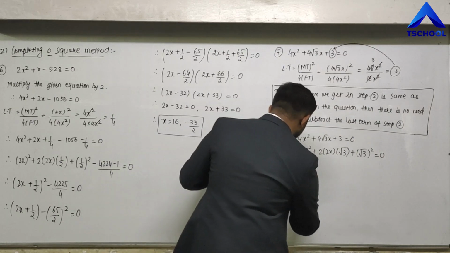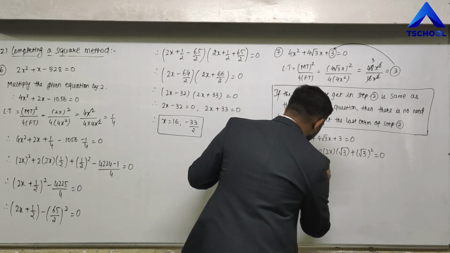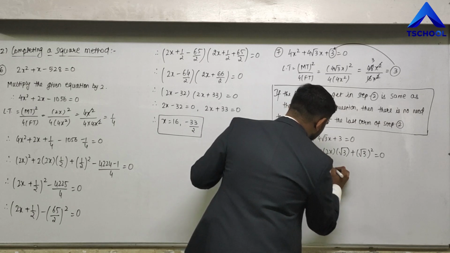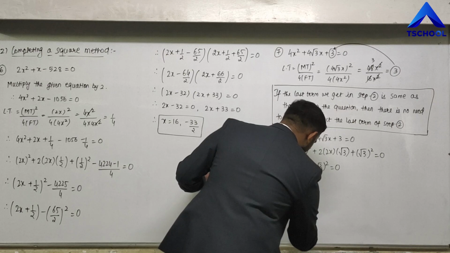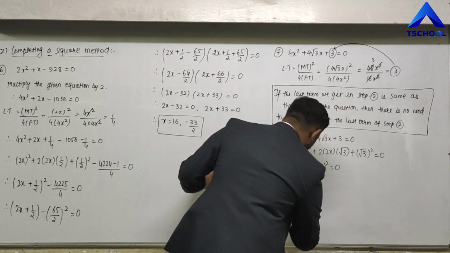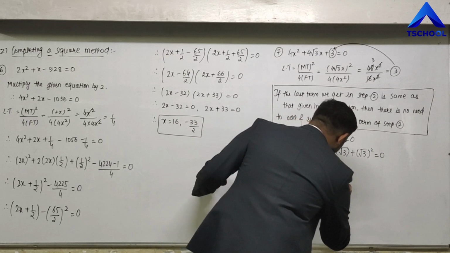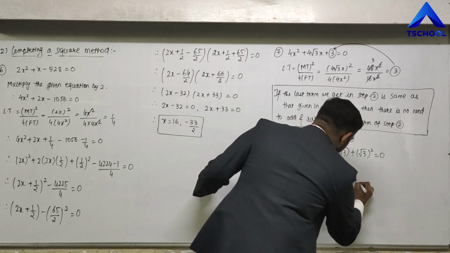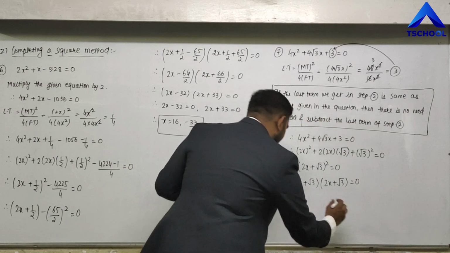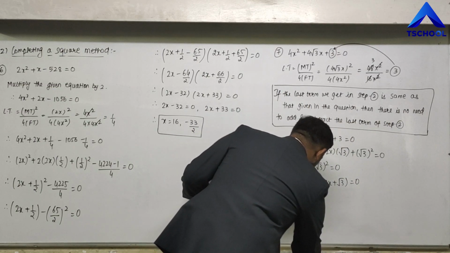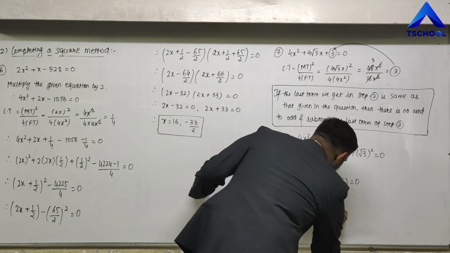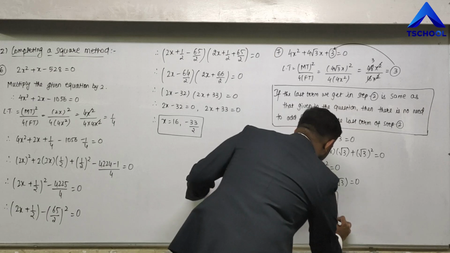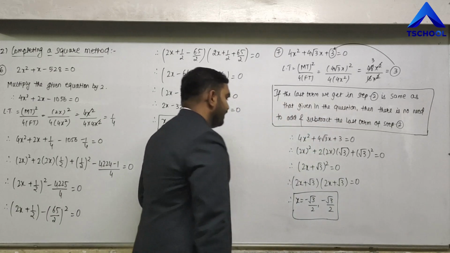And hence we get 2x plus root 3 whole square is equal to 0, and this means 2x plus root 3 into 2x plus root 3 equal to 0, and that gives me again x equals minus root 3 by 2 and x equals minus root 3 by 2, right?